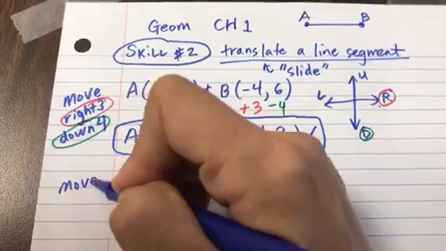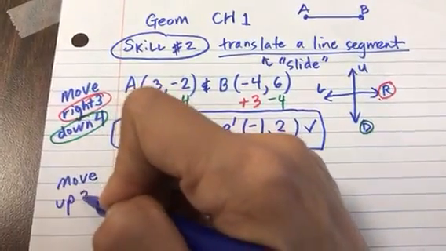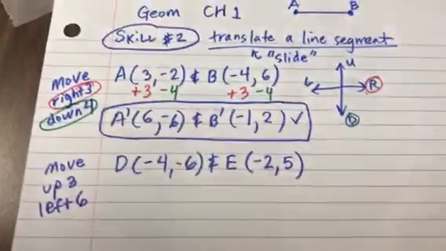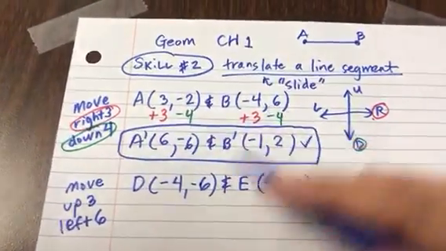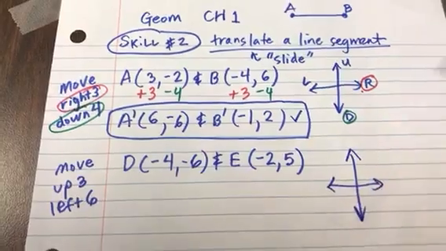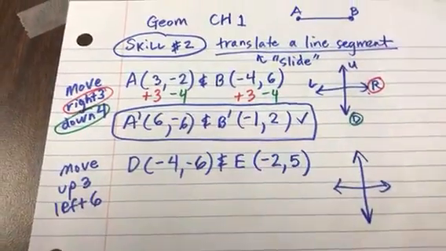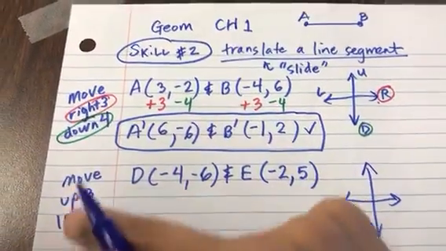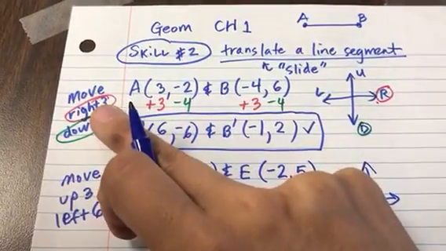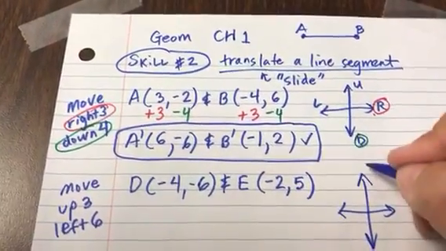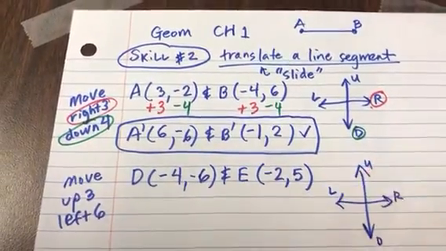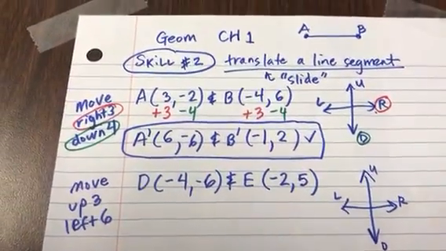Now they say move up 3, left 6. You're like, oh, okay, I think it's exactly the same as the last one. But they got a little sneaky. Sometimes we will fall for this trick. They flip-flop which one they started with. Instead of talking about left and right first, they talked about the up and down. Super sneaky on them. So I'm not going to fall for their trick and just go nice and slow.